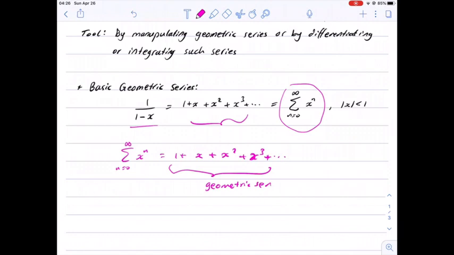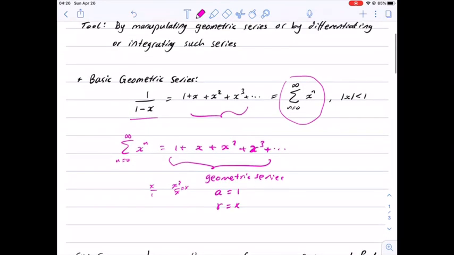where a, the first term, is 1 and the ratio is x over 1, or x squared over x. We divide each term by the previous term, so we get x, so the ratio is x. And now we know that the absolute value of r is the absolute value of x, but the absolute value of x is less than 1, that means this is convergent.